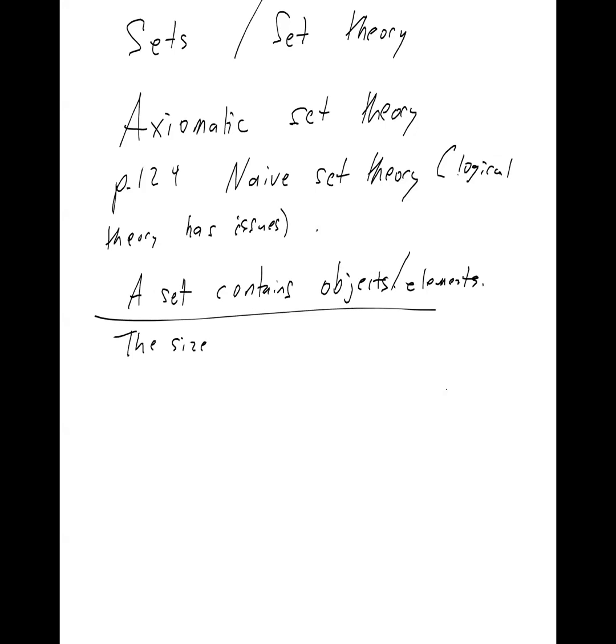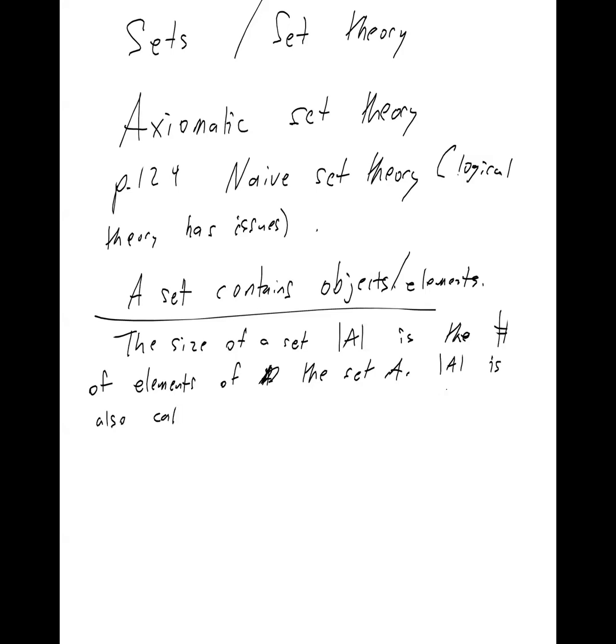The size of a set is indicated by taking the absolute value of it, and it is the number of elements of the set A. Another word for the size of a set is the cardinality of it. The absolute value of A is also called the cardinality of A.